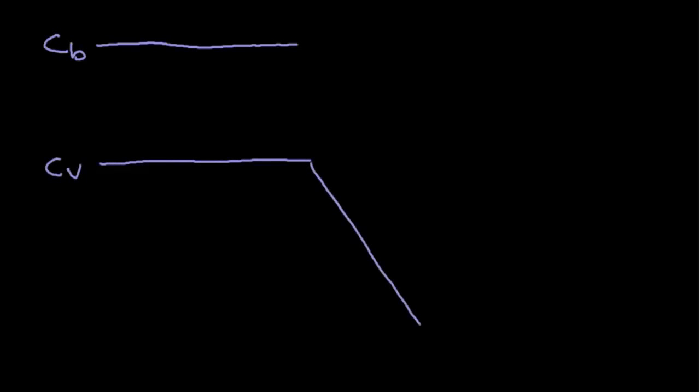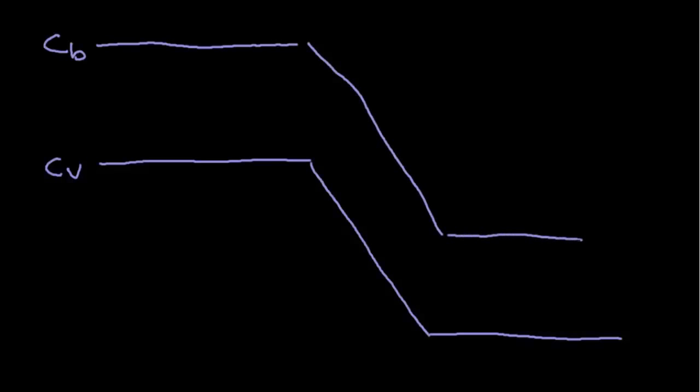Okay, now we will draw the energy band diagram for the PN junction. So let's say this one is the conduction band, this will be the valence band, and this one is going down. 1.1 eV, and this one here will be the depletion region.